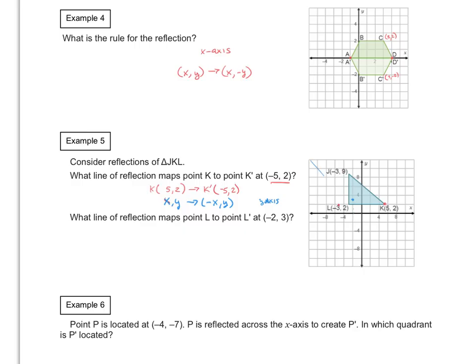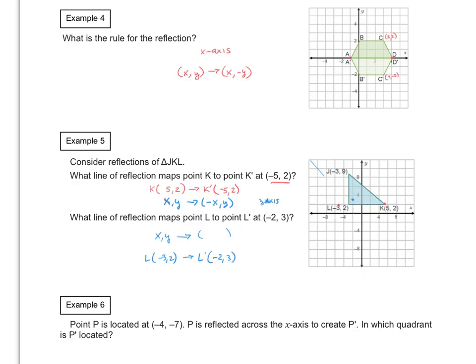That one's a little bit more tricky. So my xy maps to something. L was -3, 2, and it is going to map to L prime, -2, 3.